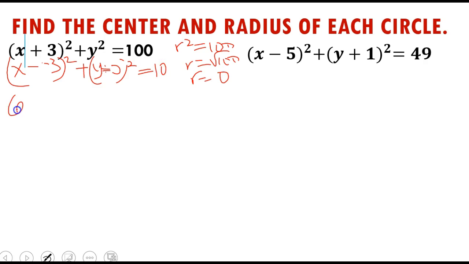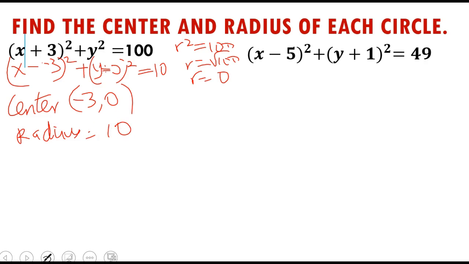So now we know the center of this circle is negative 3 for x, comma 0 for y, and the radius is 10. That's it. And in this one, x minus 5, so we know this is our h or a. Here we need to write y minus negative 1.